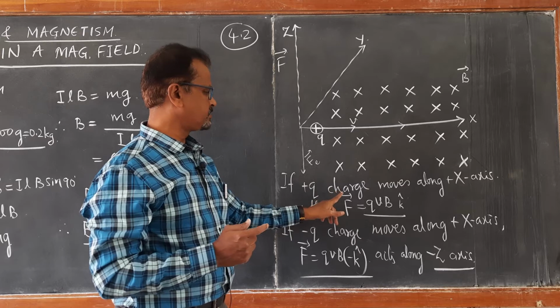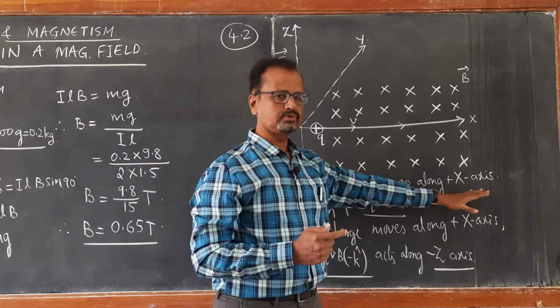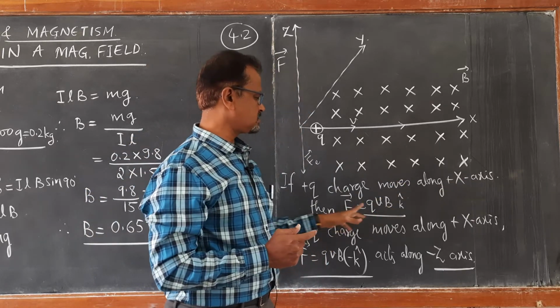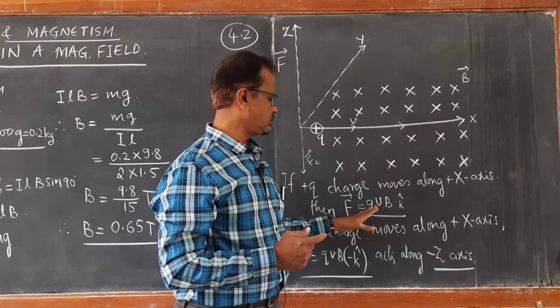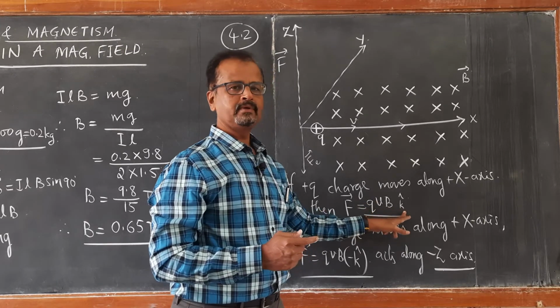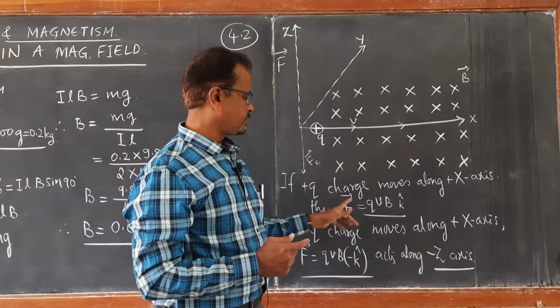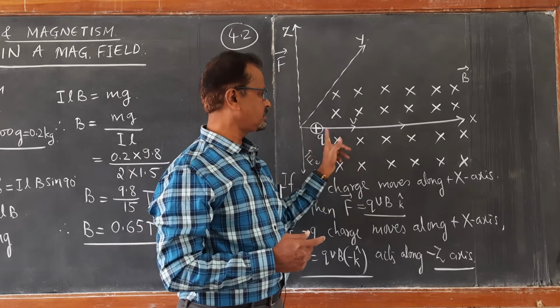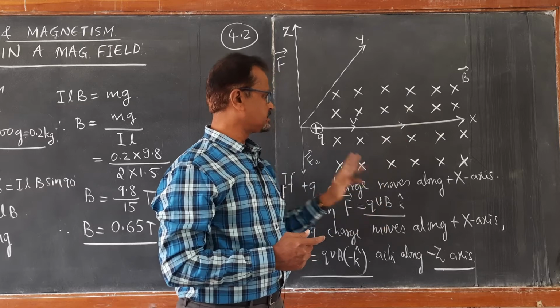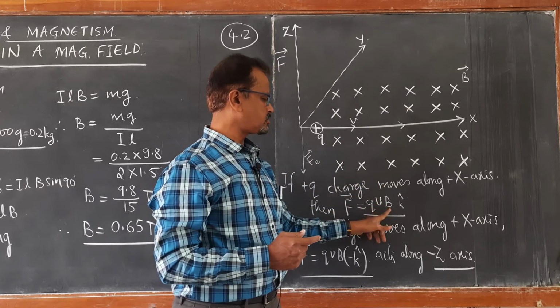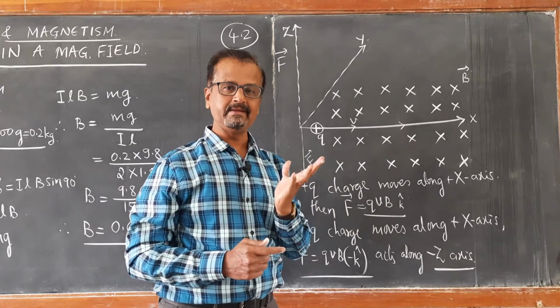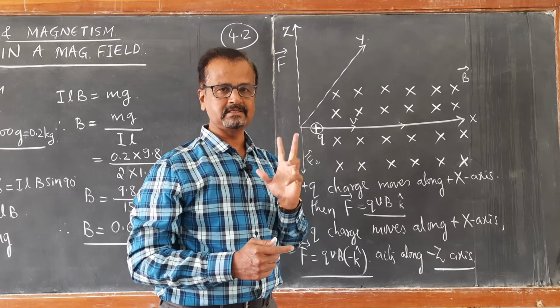Therefore, I have written if plus q charge moves along positive x axis, it experiences Lorentz force F equal to qvB k cap, where k cap shows the direction of z axis. Because velocity vector is along x axis, B vector is along y axis, v cross B gives you vB sin 90, because the angle between x axis and y axis is 90 degrees.